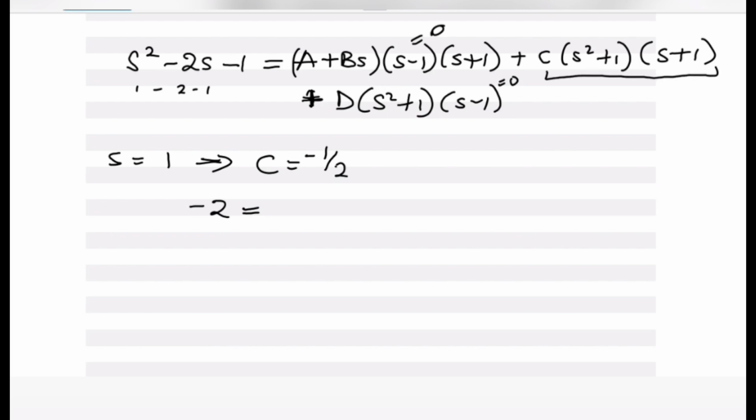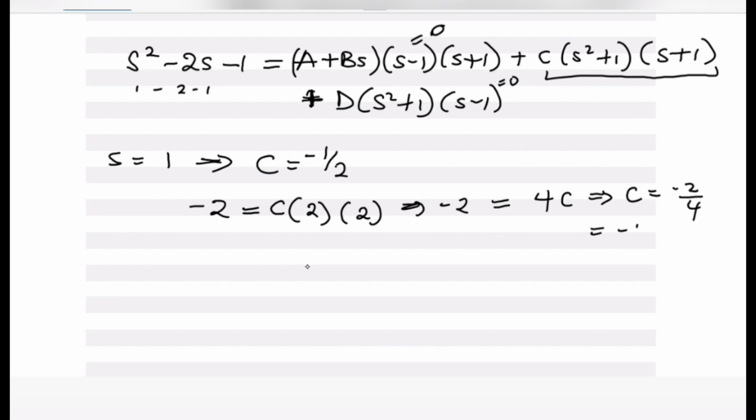If s is 1, this just gives us c into 2, since 1 squared plus 1 is 2, then 1 plus 1 is 2, giving us 4c. So negative 2 equals 4c, which implies that c is negative 2 over 4, which gives us negative 1 over 2. So it's just substituting values.